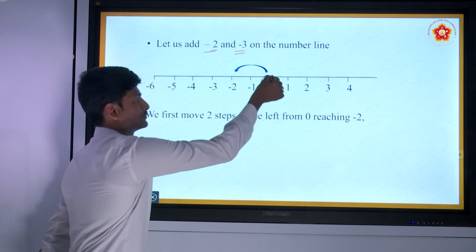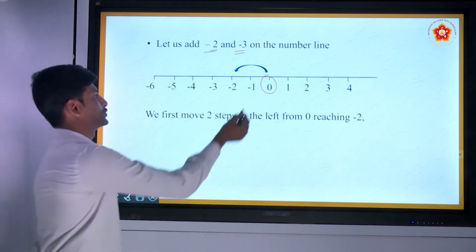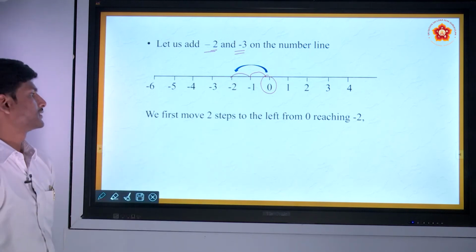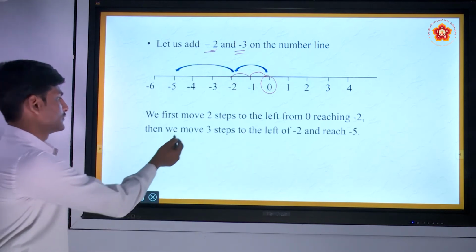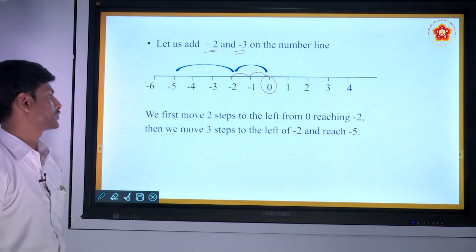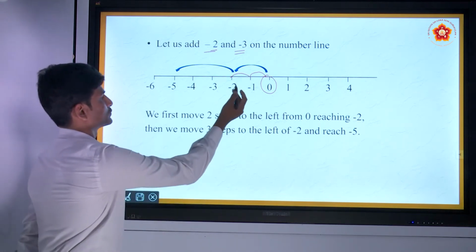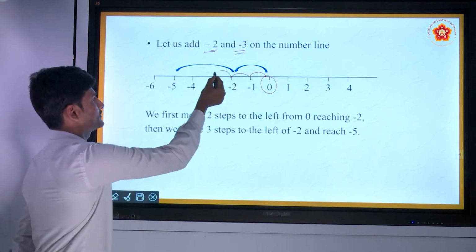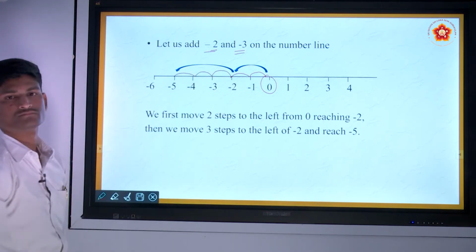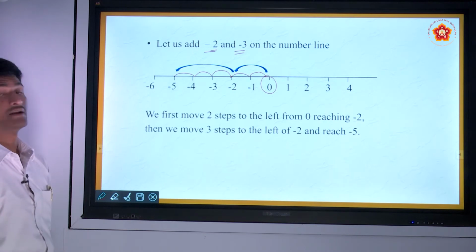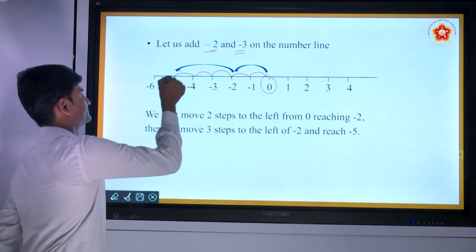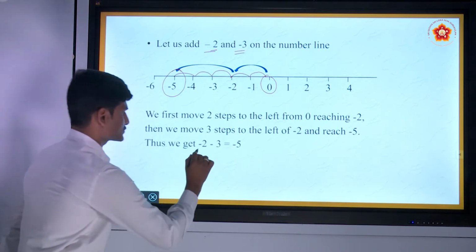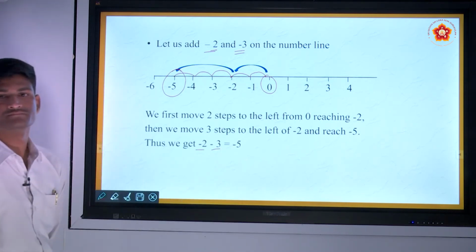We start from 0, 2 steps, 1, 2. Then we move 3 steps to the left of minus 2. 1, 2, 3. And then we reach minus 5.